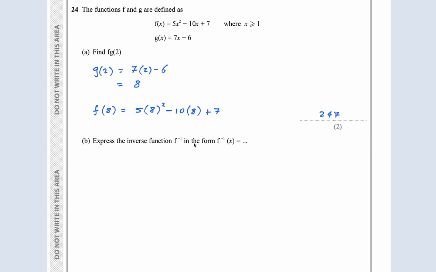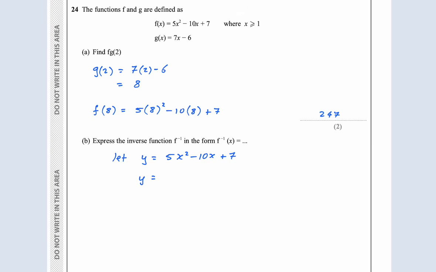Okay, this one is hard, guys. It says express the inverse function in the form f minus 1 of x. Okay, so f of x, or I'm going to say let y equal 5x squared minus 10x plus 7. Now I'm going to complete the square.